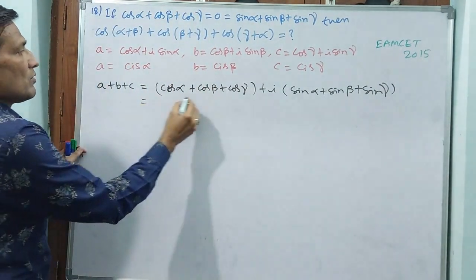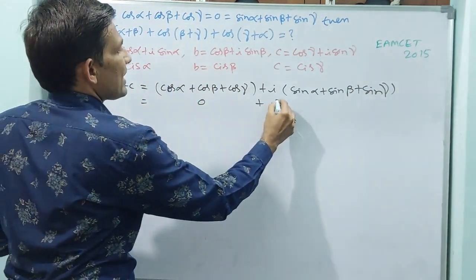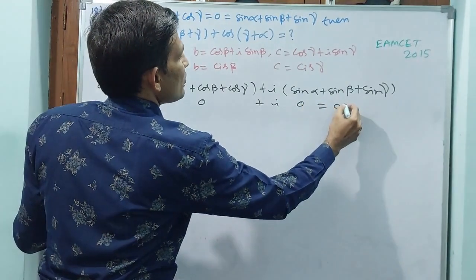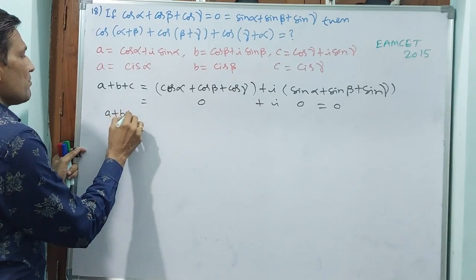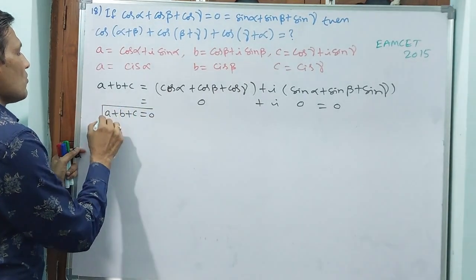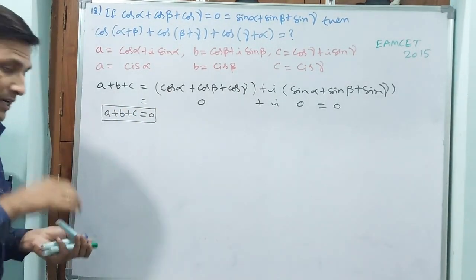Okay, but we know this value is 0 plus i, this value is also 0. That means 0 plus 0i. That means I can write like this, you see. A plus B plus C equal to 0. Okay?